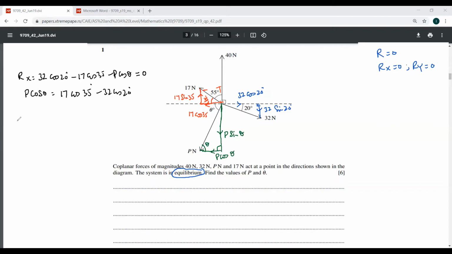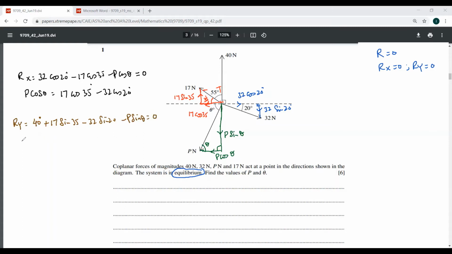Okay, for the vertical components, this Ry is going to be, I'm taking upward as positive here. So I have 40 upward, then I have plus 17 sine 35. Okay, then I have two forces downwards. One is 32 sine 20, and then I have minus P sine theta, and all of this is going to be equal to 0.